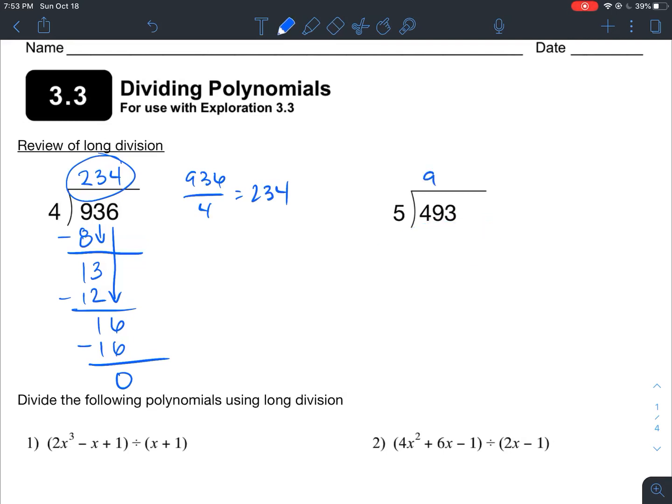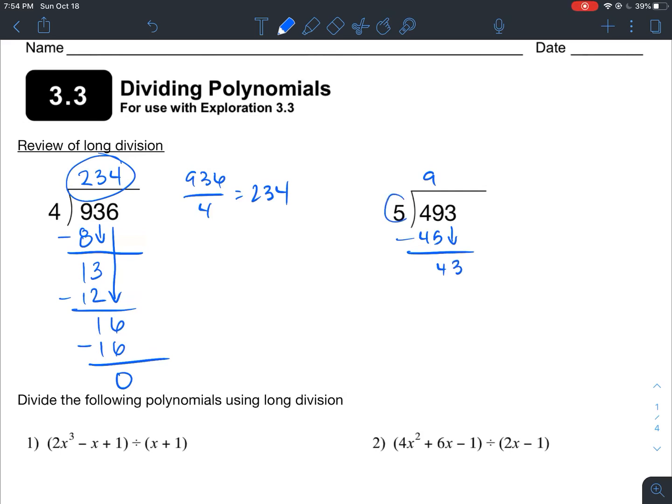So 9. 5 times 9 is 45, and then we subtract. When we subtract these, we get 4, so it's just 4, and then drop down the 3.